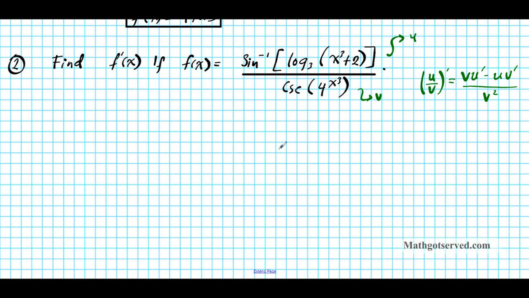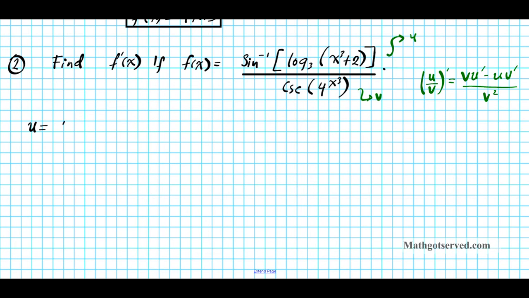Since u and v are very complicated, we can differentiate them individually, and then we're going to just plug the respective values into this derivative function right here. Let's go ahead and list them, starting with u.